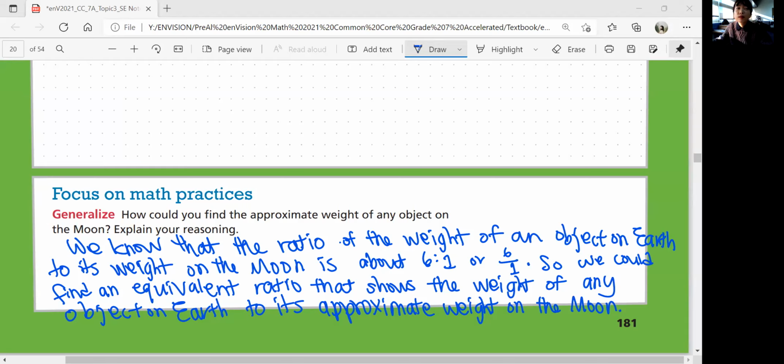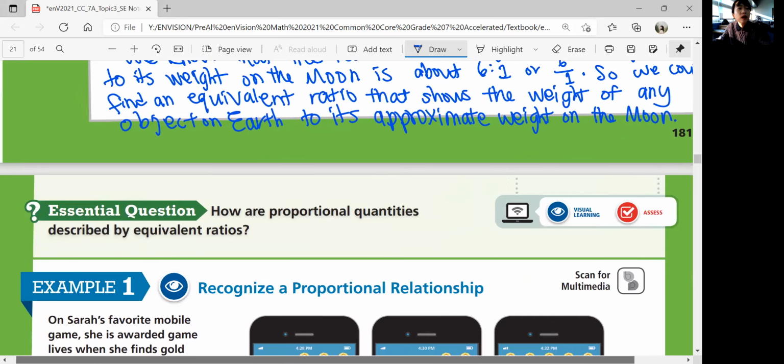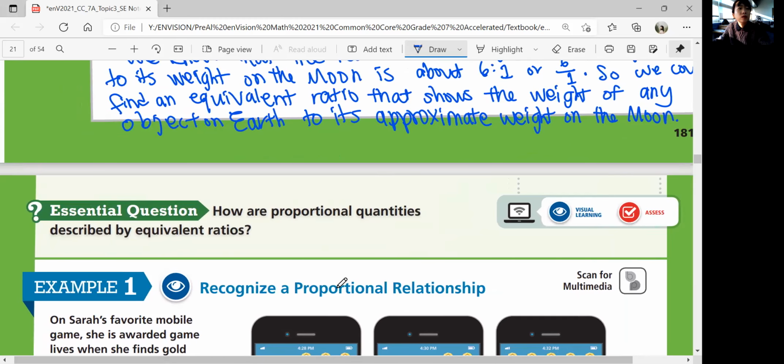Everything's proportional. You can see a lot of proportions in real life. Let's think about this question. How are proportional quantities described by equivalent ratios?